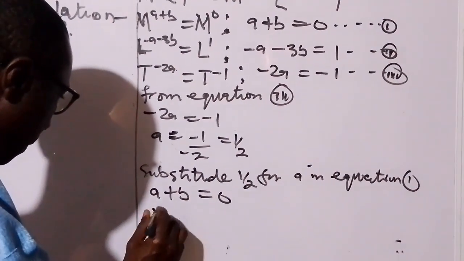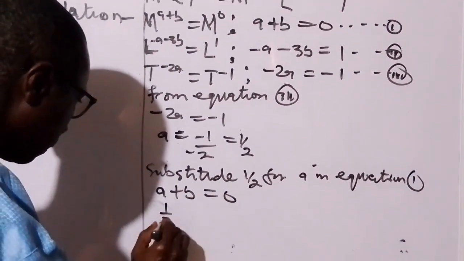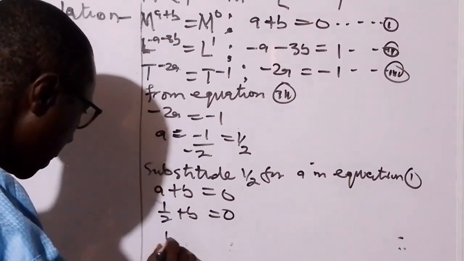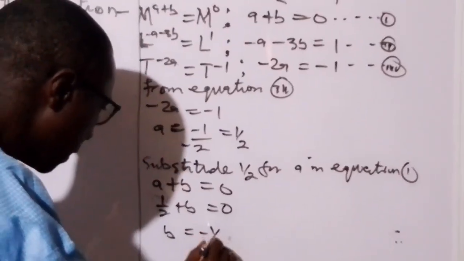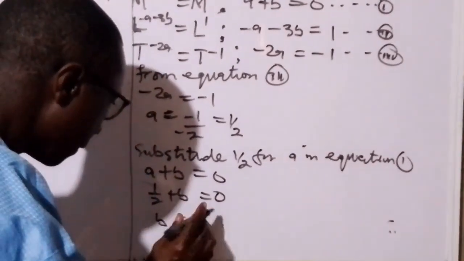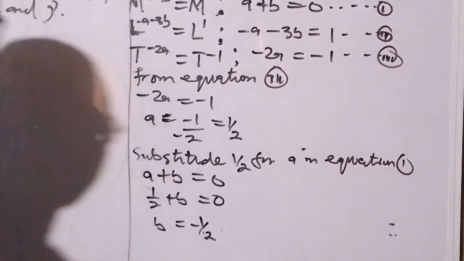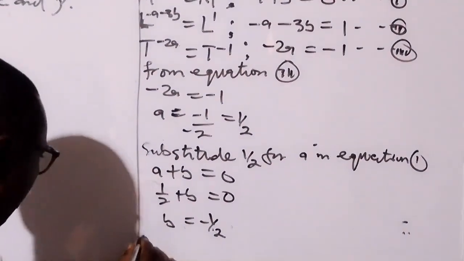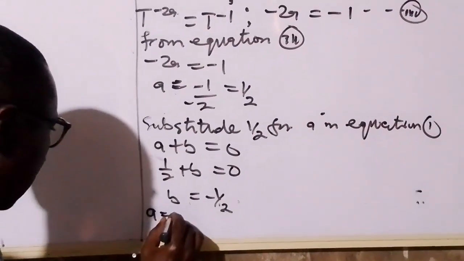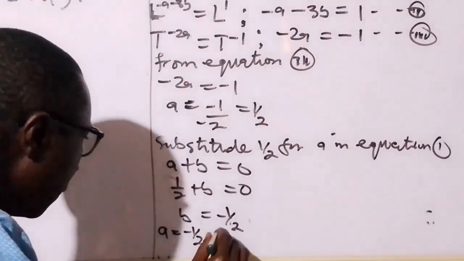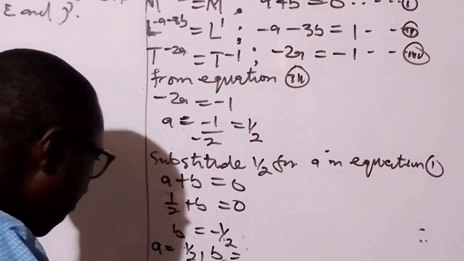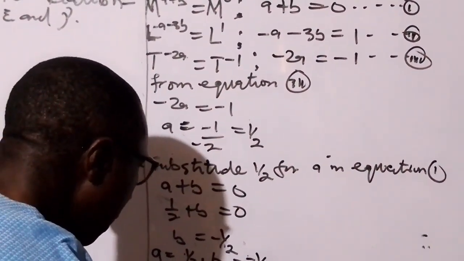Half plus B equals 0. B will be equal to minus half. B is equal to minus half. So from there, we can say that our A is half, B is minus half.